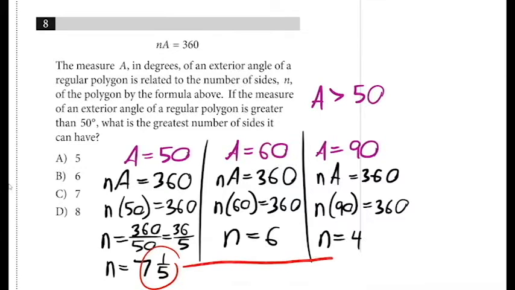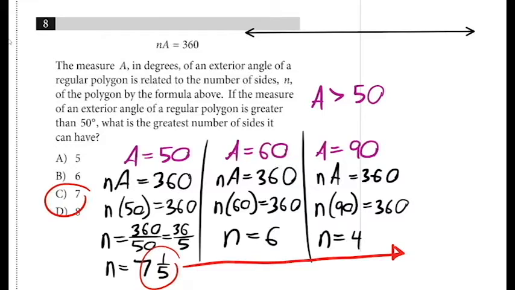What happens to n? It gets smaller and smaller and smaller. So n is some number that starts at 7 and 1/5 and goes smaller and smaller and smaller. So what's the greatest integer value you can have? Because a number of sides can't be a decimal. Can't have a decimal number of sides. So what's the greatest integer we can have if we start at 7 and 1/5 and go in the downward direction? The biggest number we can have is the number 7.